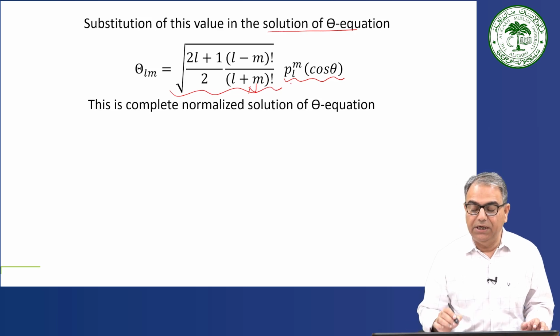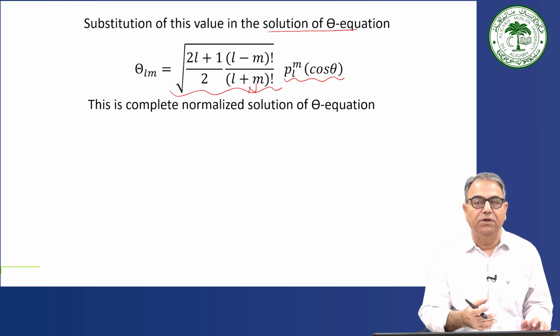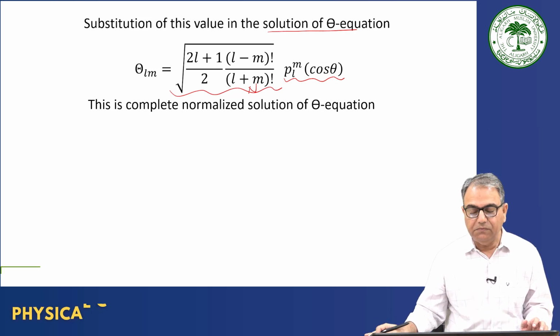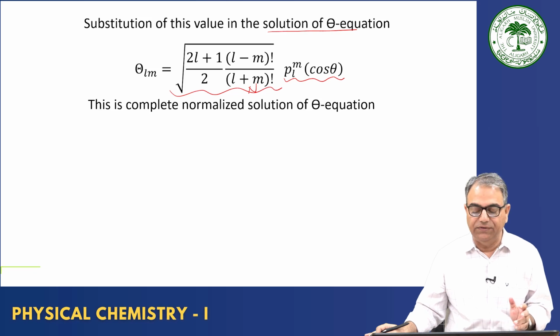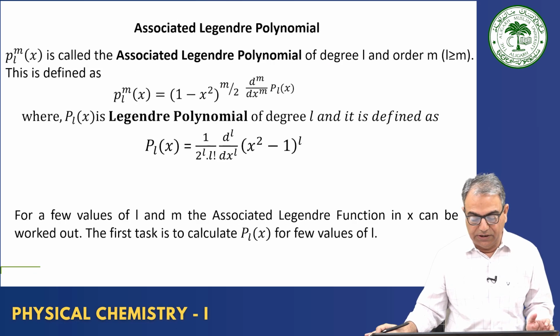Now what is this PLM(cos theta) and how do we find its values? This is very important, because it is going to generate many different functions which you will use in the physical interpretation of the theta equation. So we will practice generating this PLM(cos theta), the associated Legendre polynomial.